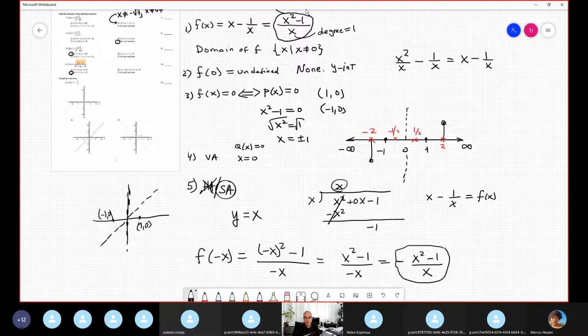At x equals 2, f of 2 is 2 minus 1/2, which is 3/2 or 1.5. That point is the point (2, 1.5). And likewise, using my common sense and imagination, I know that this function is an odd function.